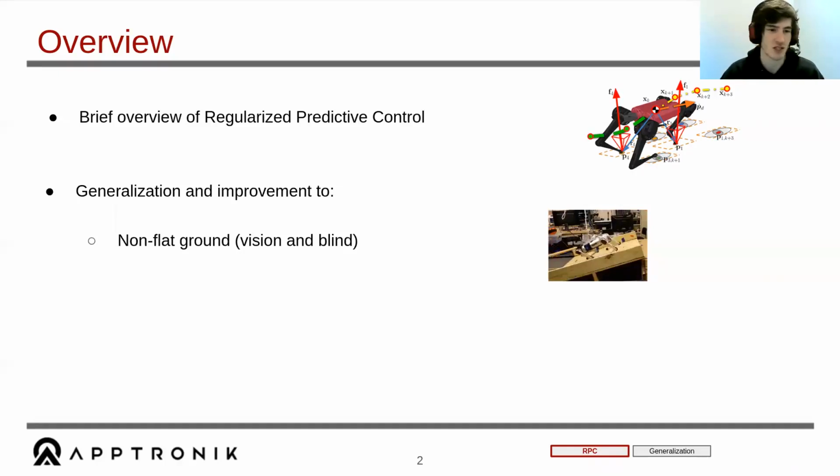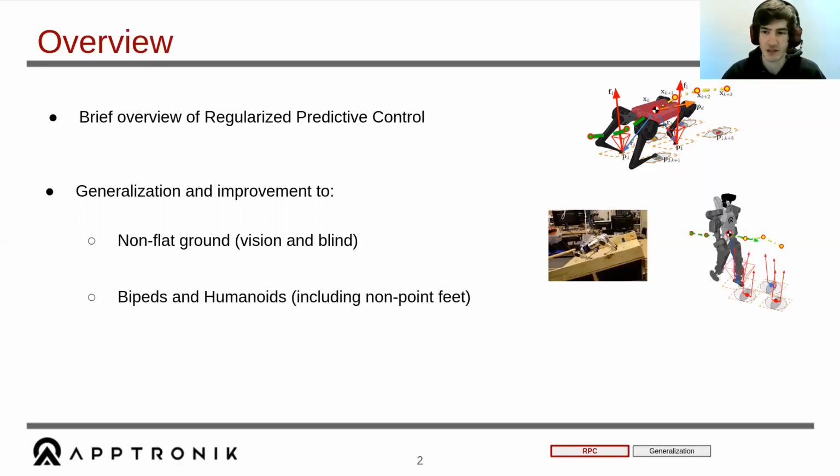Then I'll talk about the generalization and improvement to non-flat ground, both how to integrate vision and how to deal with non-flat ground in a more robust way while blind.